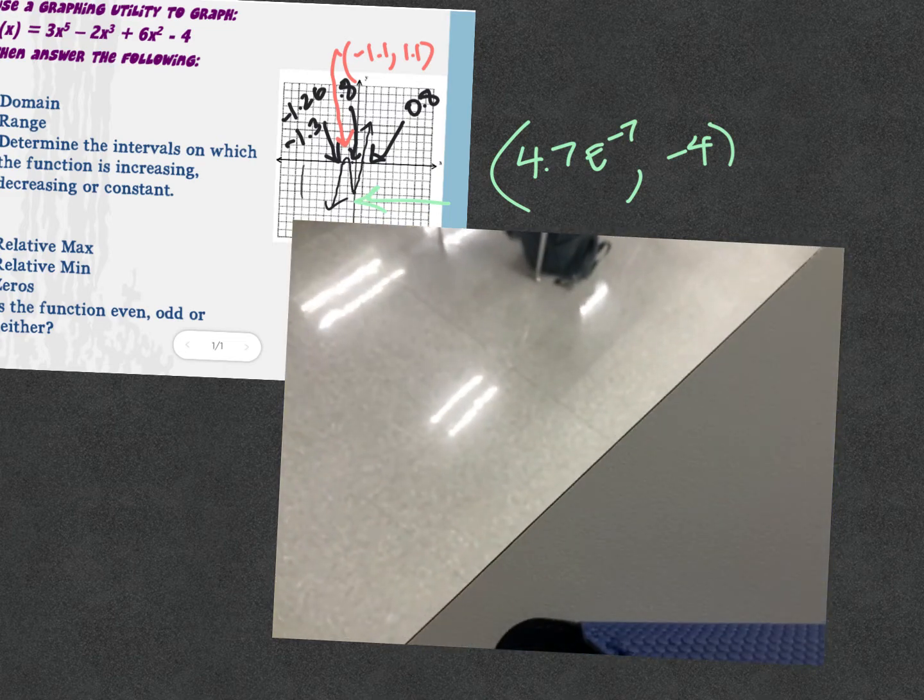How many of you are in chemistry? It means there's 7 zeros in front of that 4, right? It's scientific notation. So this is 0.00000047. That's what that means, okay? So if I'm going to round that to the nearest tenth, what is that? It's 0. So this would be 0, -4.